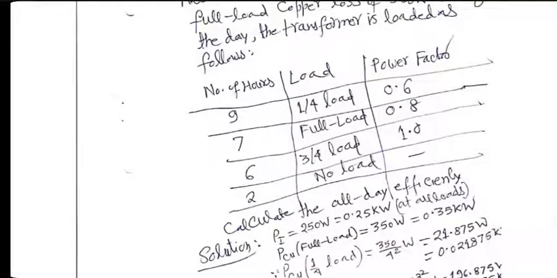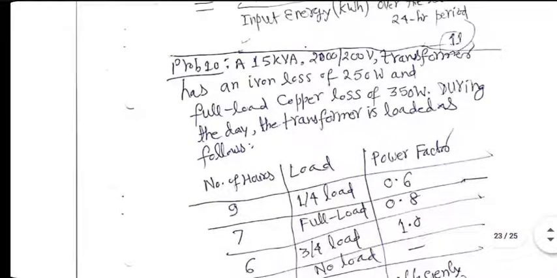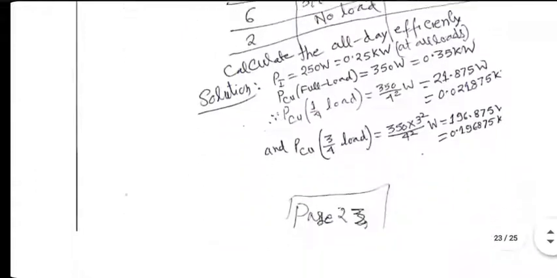The total energy output, total wattage coming out, will be 15 kVA multiplied by power factor. In the 9-hour period, the output power, that is the secondary power, is rated kVA multiplied by power factor. So 15 into 0.6 kilowatt.